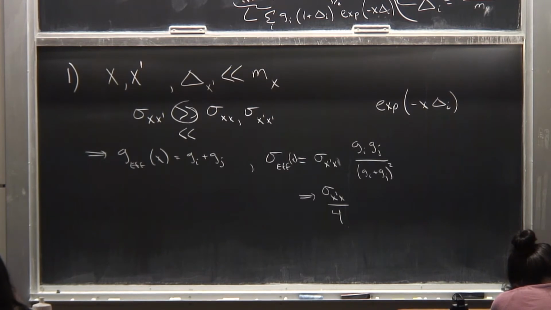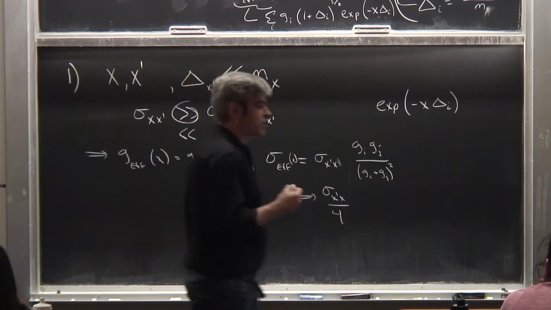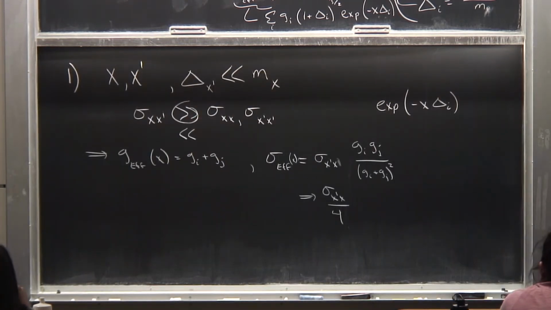Can anybody just kind of think it out without working it out on the board? Well, the X population doesn't really know or care about the X prime population, and vice versa. So the X's are going to freeze out, and then entirely separately, the X primes are going to freeze out, about at the same time.